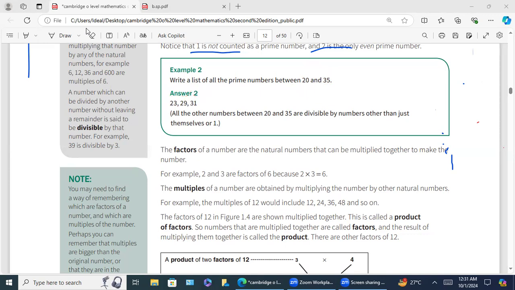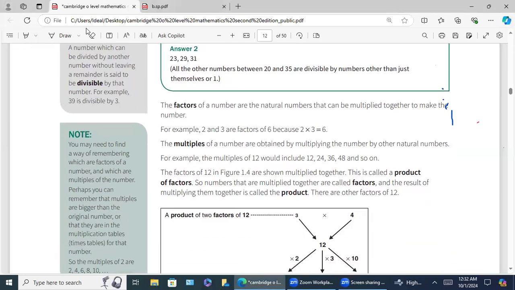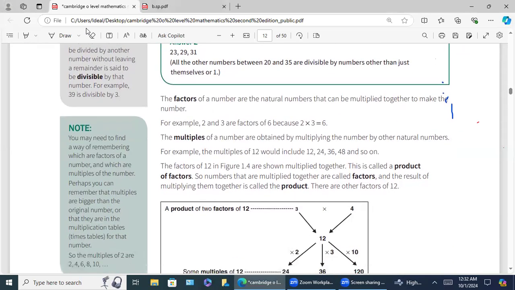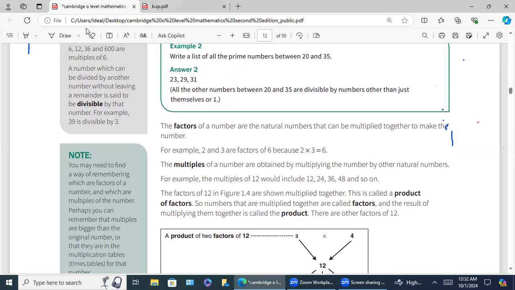So dear student, all the other numbers between 20 and 35 are divisible by numbers other than just 1. These prime numbers have no remainder; they are only divisible by 1 and themselves.